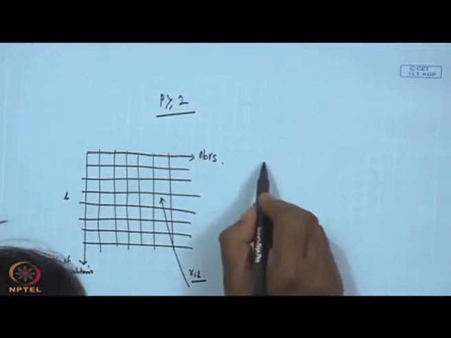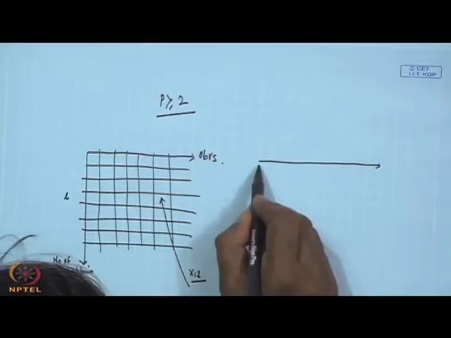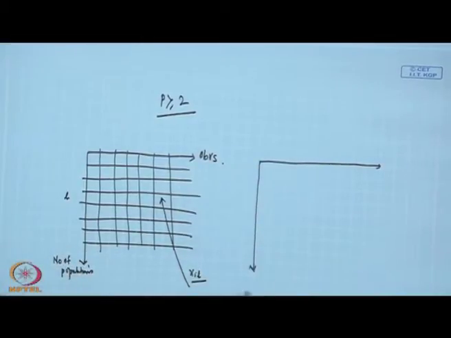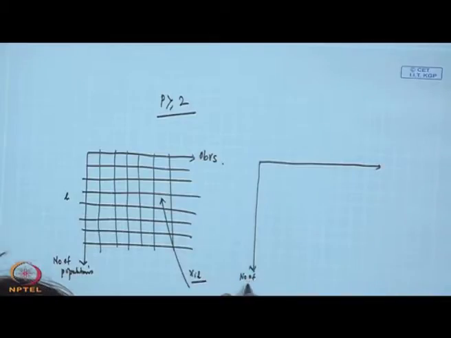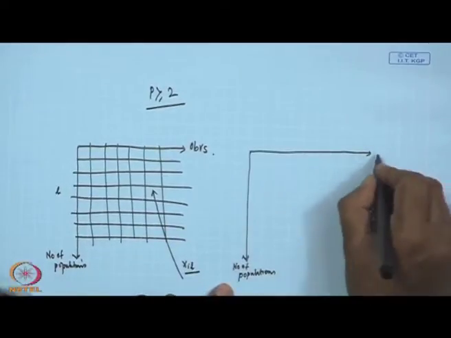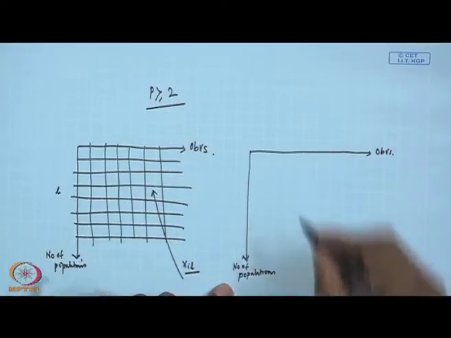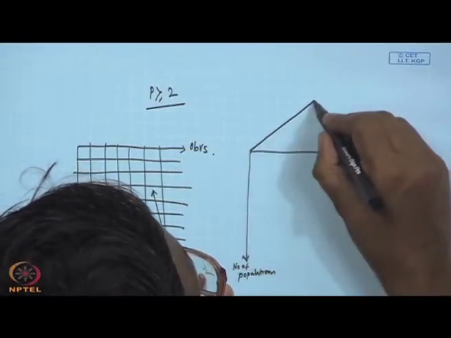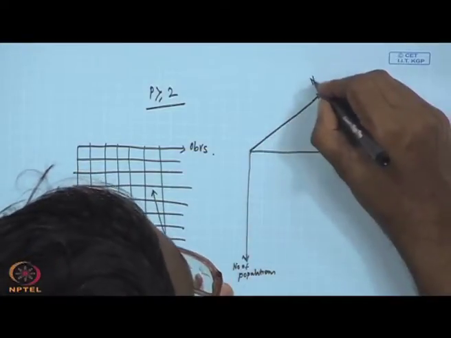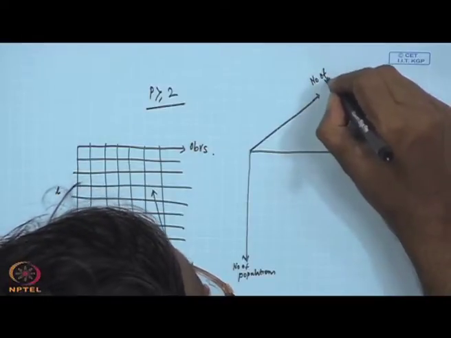Now, in case of MANOVA, what will happen, you will find that this side is the number of populations, in the same manner, and this side is the number of observations. Then we will add one more dimension, which is the number of variables.